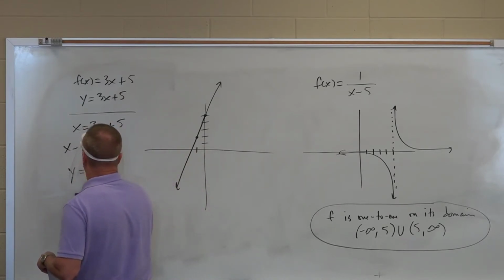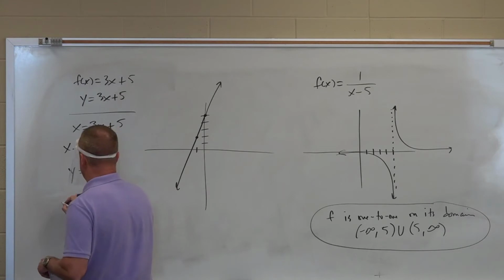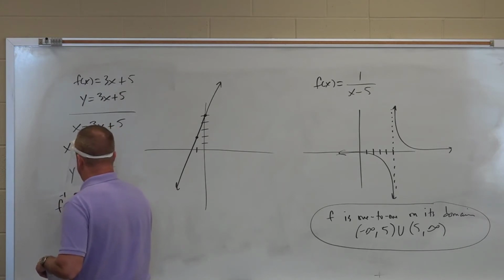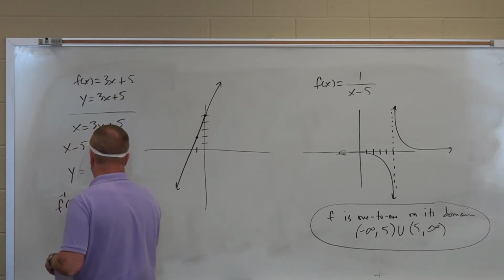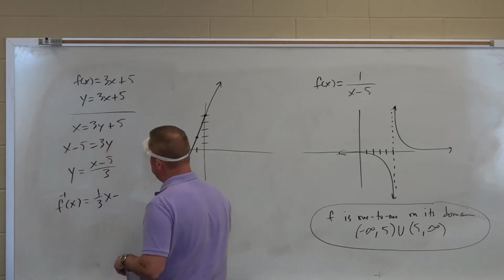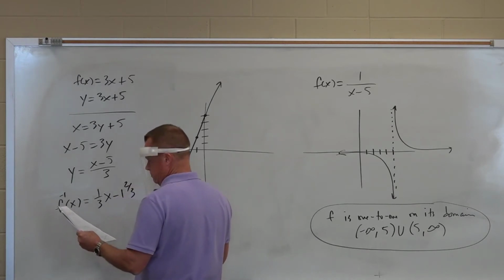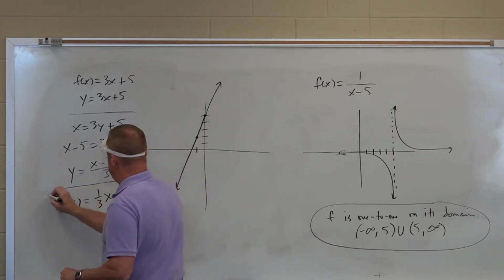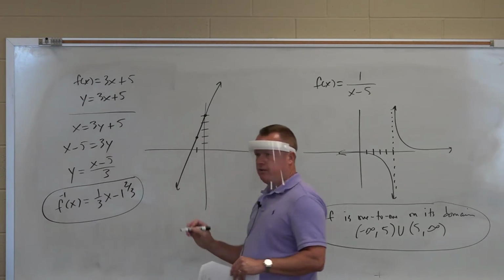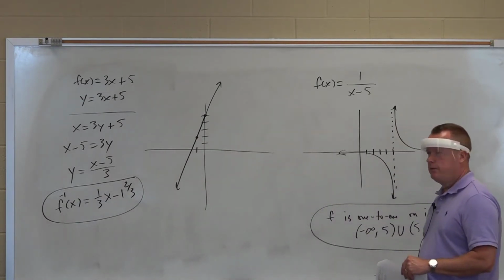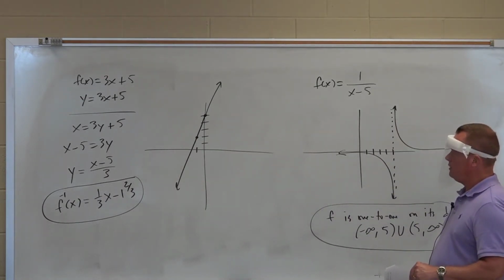I get y equals x minus 5 over 3. Then I'm going to use my inverse notation. I'm going to write it 1/3 x minus 5/3, which is 1 2/3. All right, so that is your inverse. You could probably write 5/3 if you're doing this in my math lab.